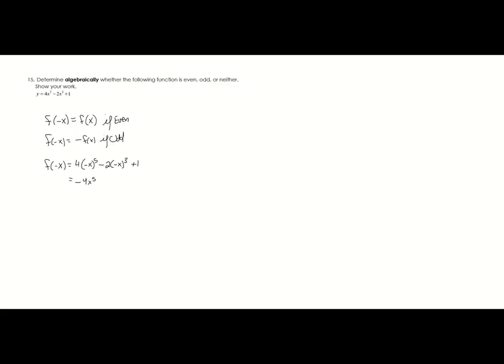Something similar happens in the middle term. We have minus x cubed, so again, because of the odd power, the minus sign is going to stay, so that means we have two negatives multiplied together, which gives us a plus 2x cubed, and our constant term stays the same.